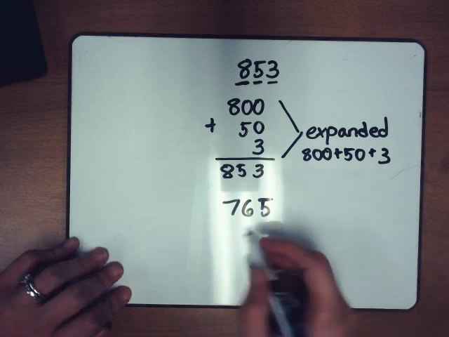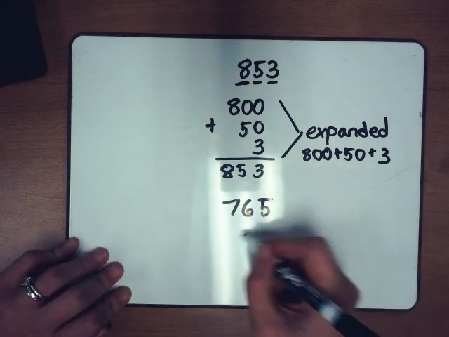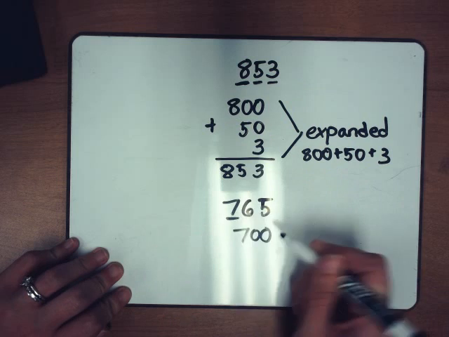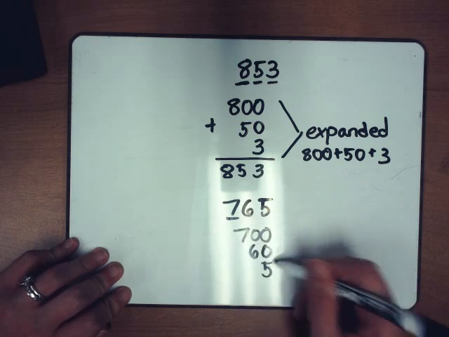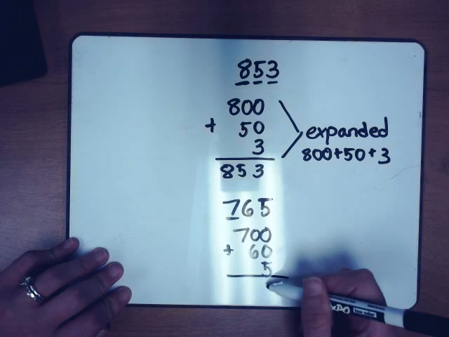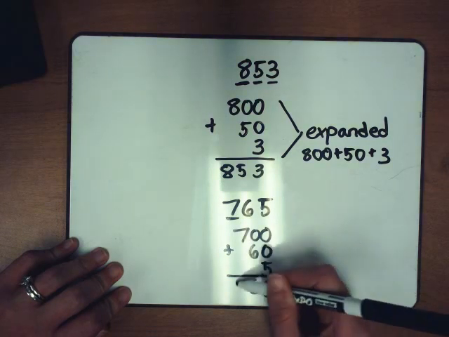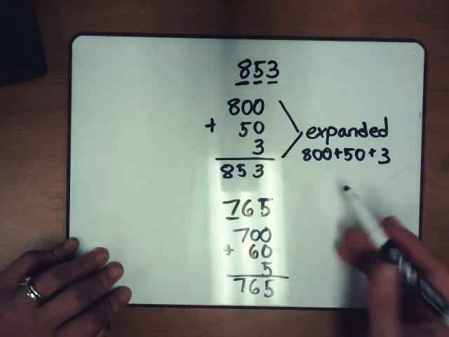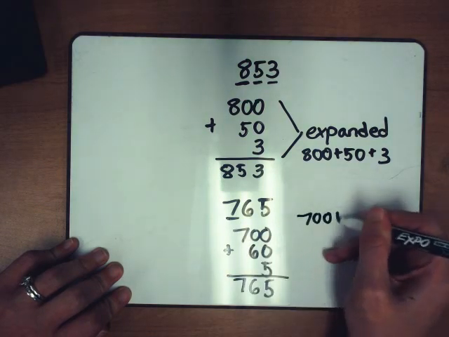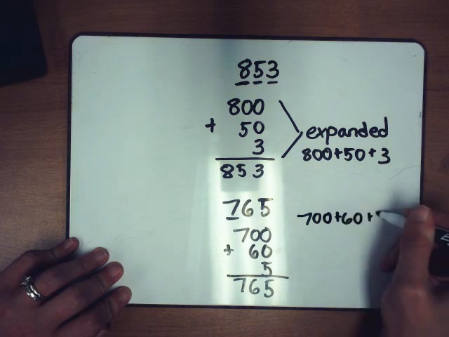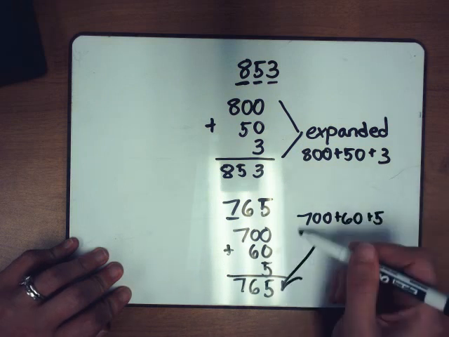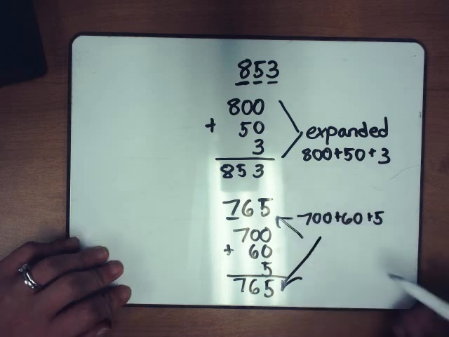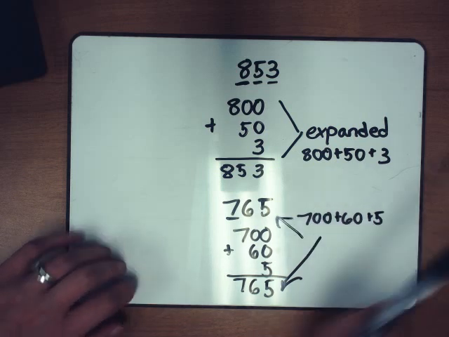Okay, so you should have written this as either 700 plus 60 plus 5 in vertical expanded notation, or you could have written it as 700 plus 60 plus 5, but either way, that standard number, these are equal, right? Equivalent names for this number.